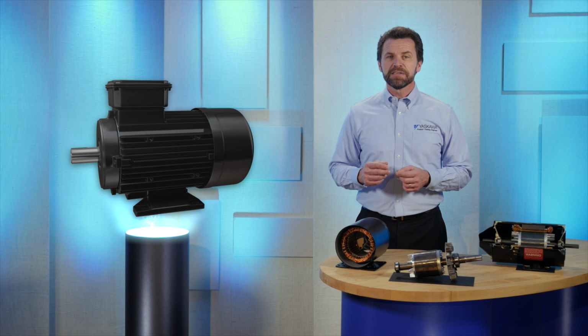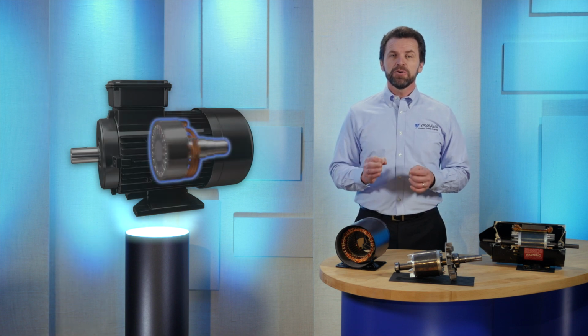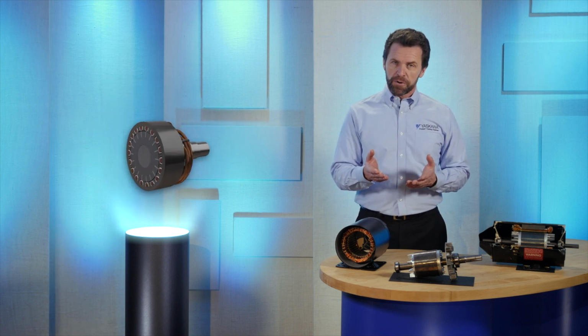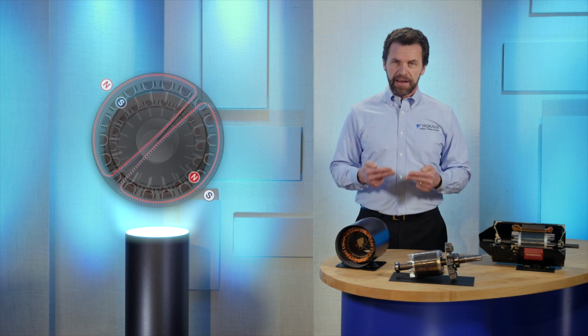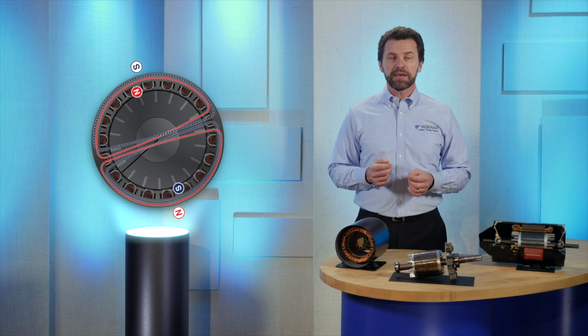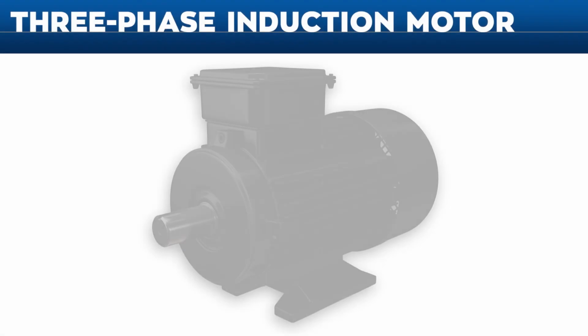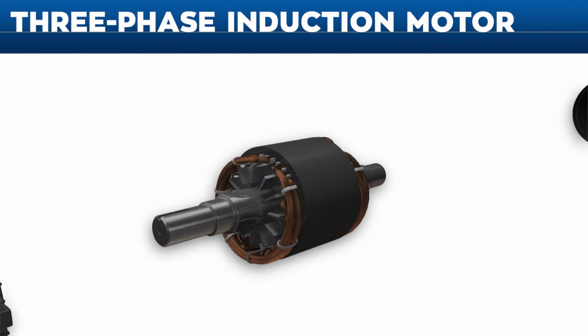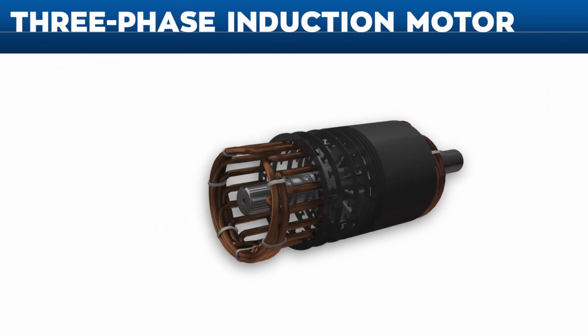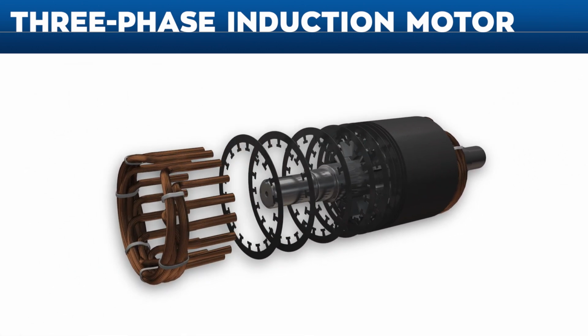In a three-phase induction motor, the stator produces the varying, or to be more exact, rotating magnetic field needed to initiate and maintain the induction process. And let's look at how that's accomplished. As we described earlier, the stator has a core of individual plates that are laminated together.